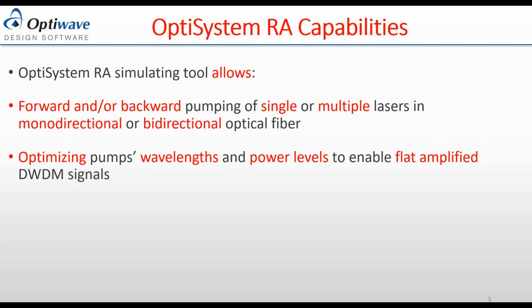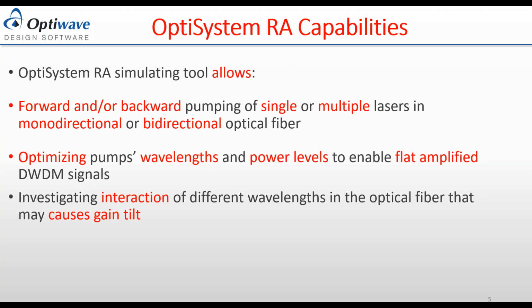The power level we also need to control to make sure the different WDM signals get equivalent gain, or to make the spectral amplified signals as flat as possible. We're going to see an example here about the optimization of the wavelength and power level to get flat amplified DWDM signals.